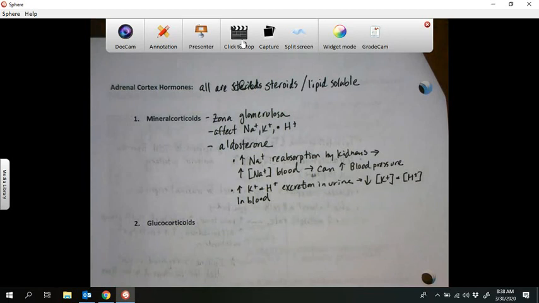We'll look at this more when we talk about the kidneys, because it helps with blood chemistry and kidney function, so this is tied into that. There are a lot of medications that work with blood pressure by altering this pathway.